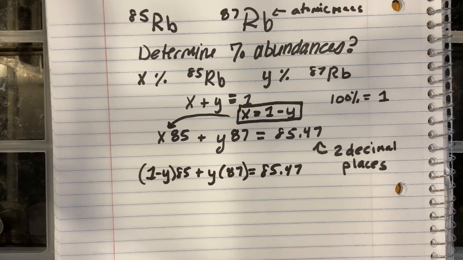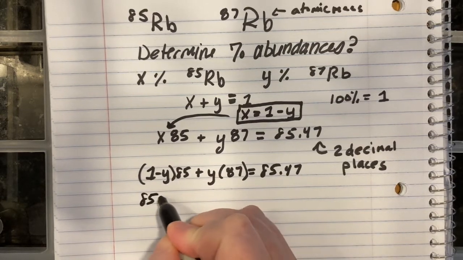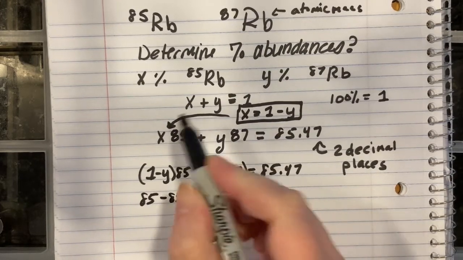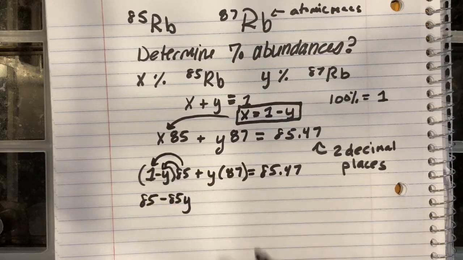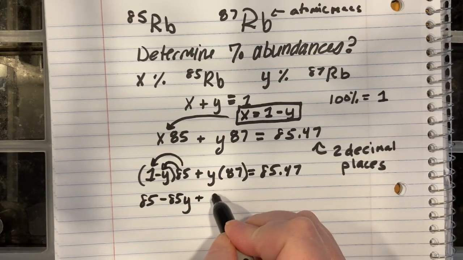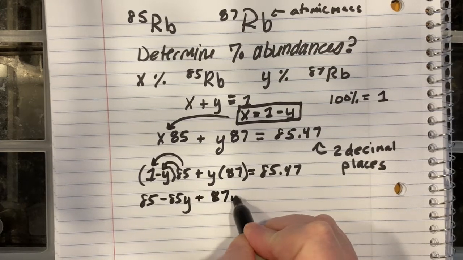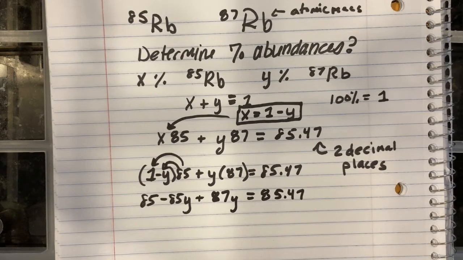Okay, and now I'm going to distribute. So now I have 85 minus 85y, because I took that 85 times the 1 and then 85 times the negative y, plus 87y, I'm just going to rewrite that the other way around, equals 85.47.